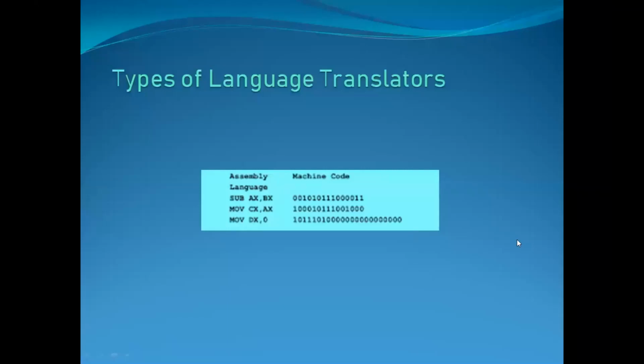First, let's talk about assemblers. An assembler is only used for assembly language, which I already told you is the symbolic version of machine language.